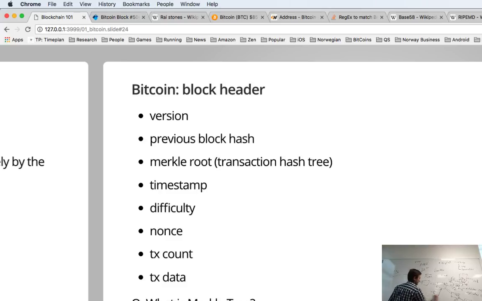What's a Merkle tree? Anyone? It's a very simple concept.